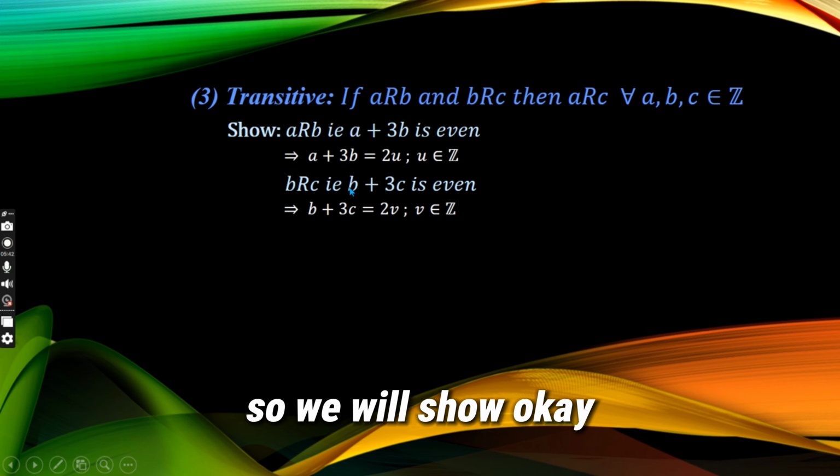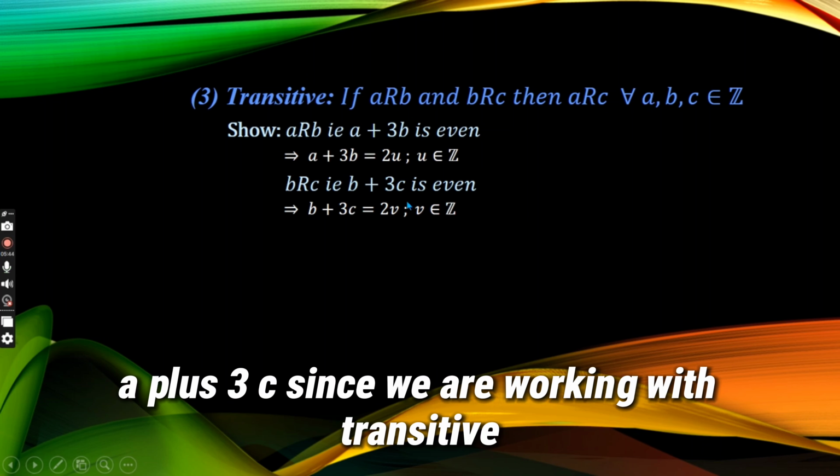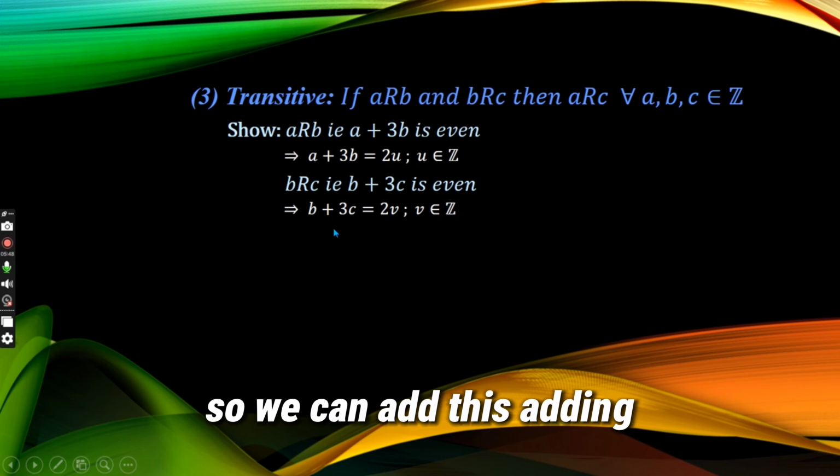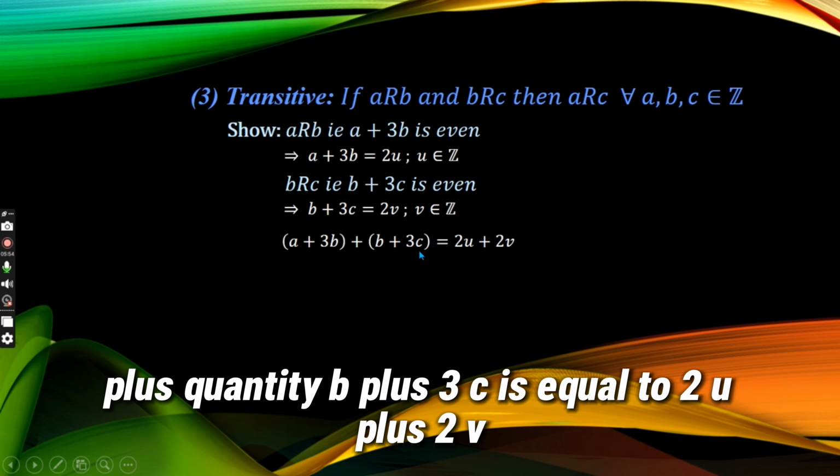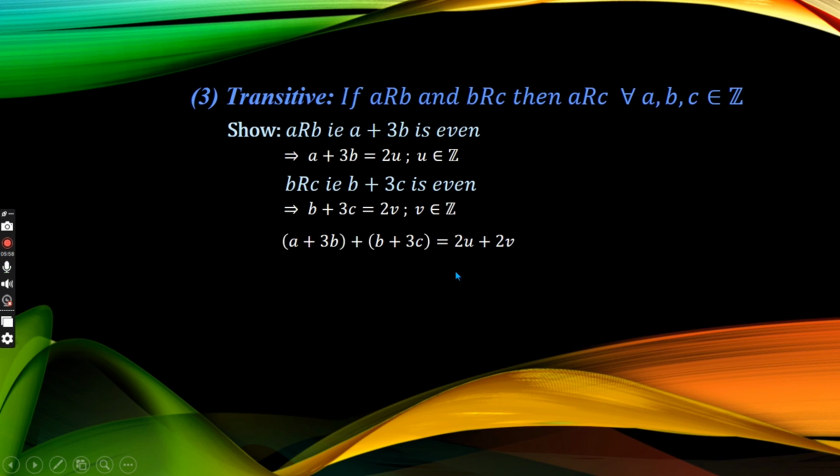So we will show a plus 3c, since we are working with transitive. So we can add these. Adding, we have the quantity a plus 3b plus the quantity b plus 3c is equal to 2u plus 2v.